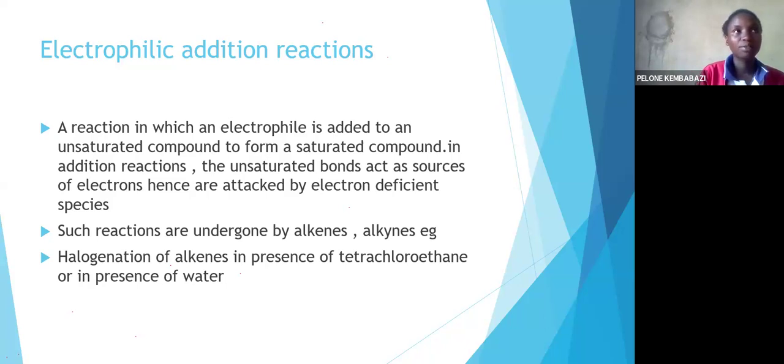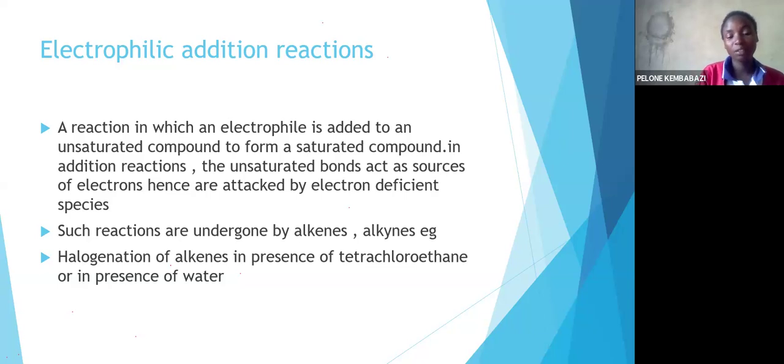For example, we have reactions of alkenes where we have halogenation and hydrogenation. Halogenation is the addition of halogens, where we have iodine, chlorine, bromine, being added to alkenes, and we shall form alkyl halides, or we can form dihalides, depending on which reaction we are carrying out.